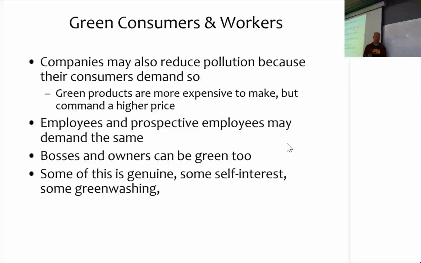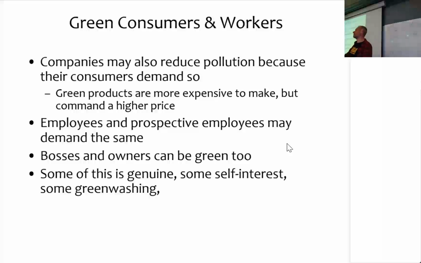Now, typically, making a product cleaner, making a product better for the environment, makes it more expensive, but you can also sell it at a higher price, right? If you don't believe me, go to the supermarket and compare fruit that is organic versus fruit that is inorganic, or cleaning products or whatever.